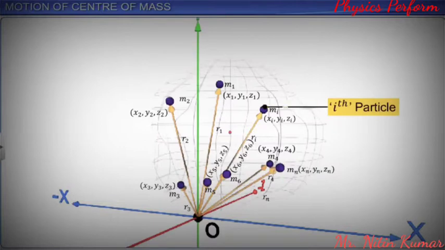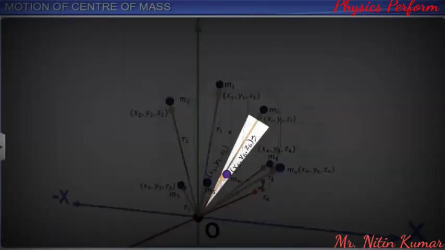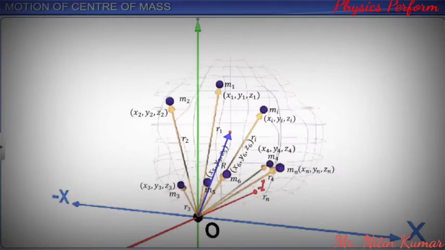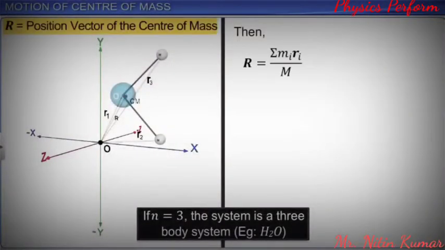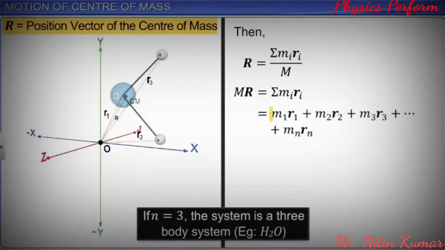In the graph, its position is marked by vector Ri, and the center of mass of the given system of particles is denoted as R. Then, R is equal to sigma mi Ri by M. MR is equal to sigma mi Ri, which is equal to m1 R1 plus m2 R2 plus m3 R3 and so on, plus mn Rn.